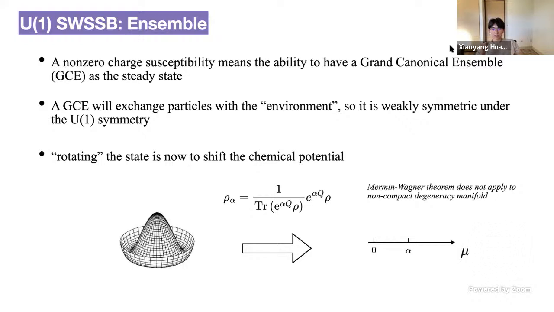Originally there is the Mermin-Wagner theorem, which forbids the IR fluctuations of the Gaussian modes for continuous symmetry at finite temperature in dimension 2. But here, the difference is that the degenerate manifold is not compact, but a real line. So the Mermin-Wagner theorem no longer applies to that case.